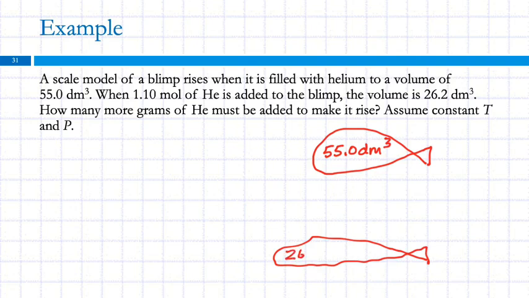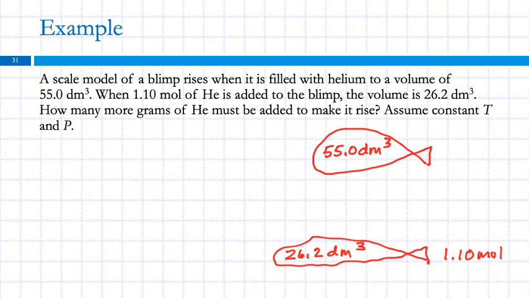So here its volume is 26.2 cubic decimeters. We're starting to fill it up, but we don't have enough helium in it yet. Down here, the amount of helium in there is 1.10 moles. It's asking how many more grams of helium must be added to make it rise.